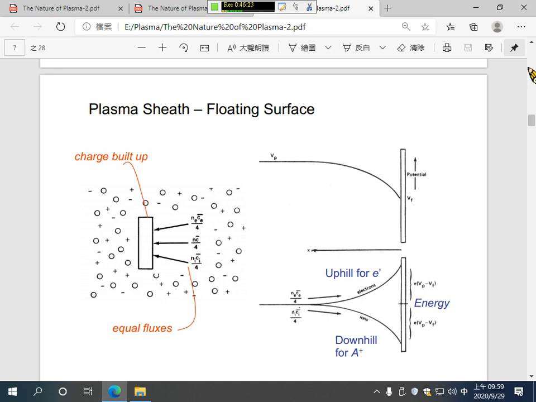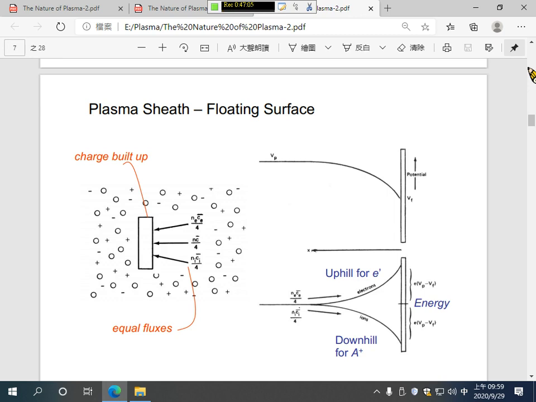So this figure shows for electrons that when they come to the sheath region, they start losing their energy, so it's difficult to travel to the surface of the insulator. And for ions, they gain energy, so they are accelerated, and then they can easily reach the surface of the insulator, and eventually the electron flux and ion flux are equal.